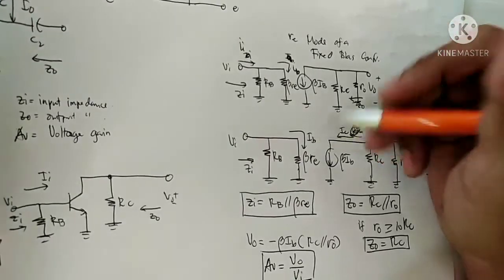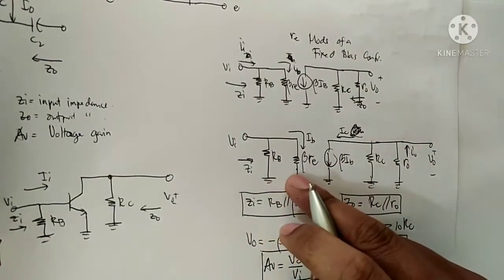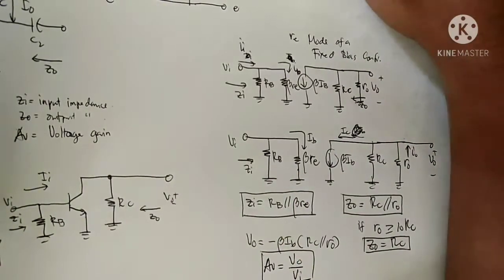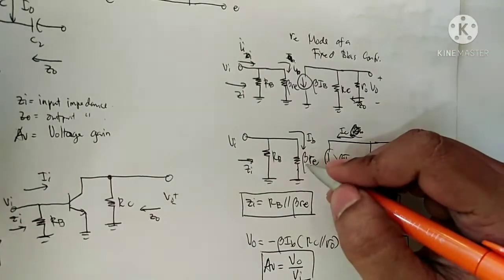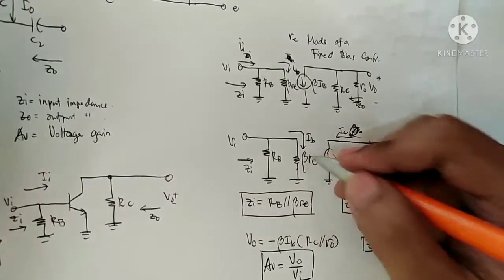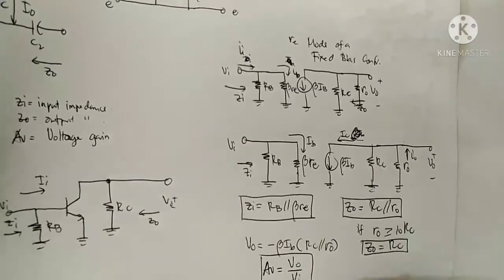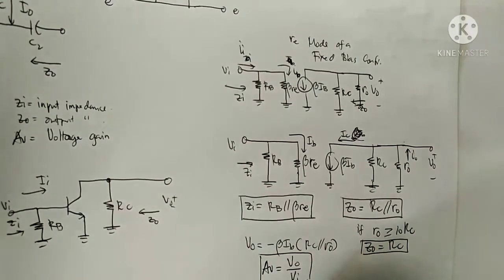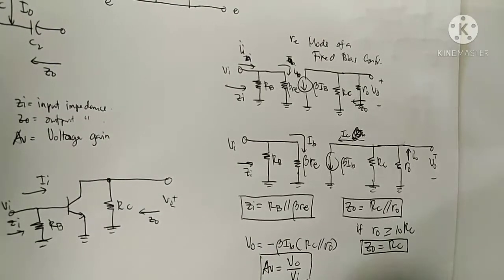If you take the input, VI is just equal to this current and the resistance, so IB beta RE. So IB is equal to VI over beta RE.